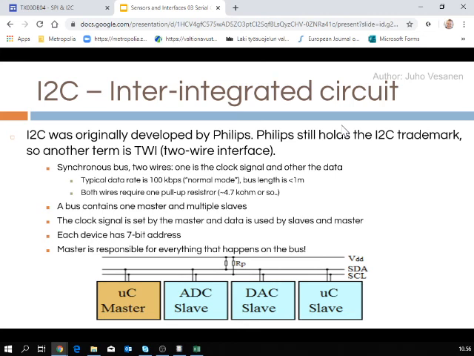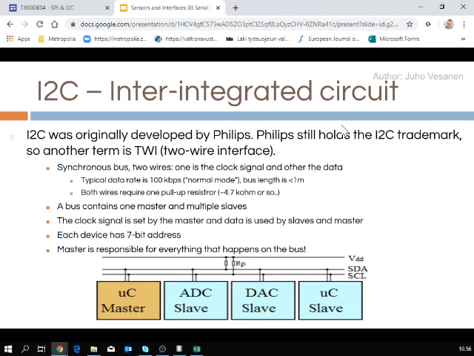A bus actually contains one master and multiple slaves, up to 127 slaves, which is a lot of devices on one circuit board. So the design is such that it should not be used between separate devices unless they are on the same circuit board. Okay.